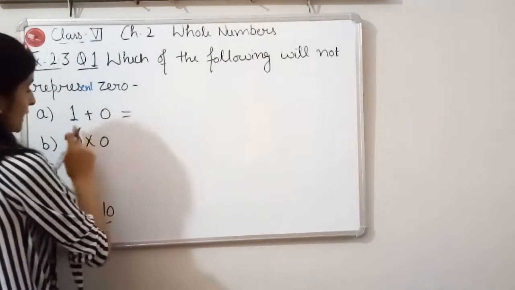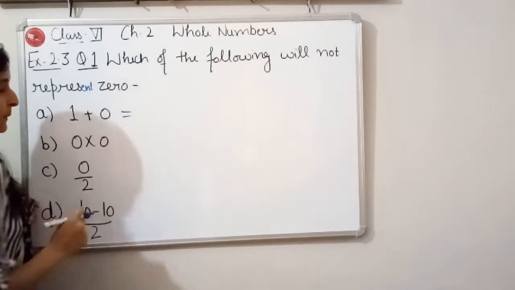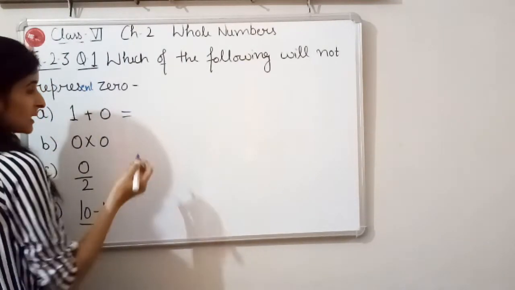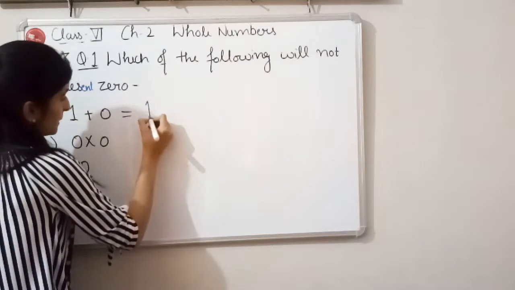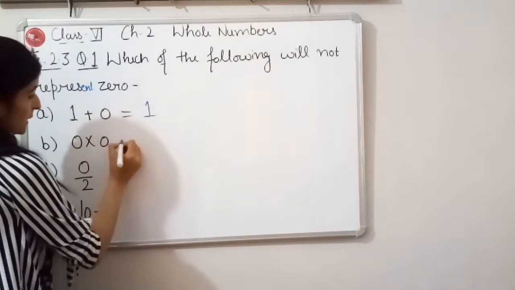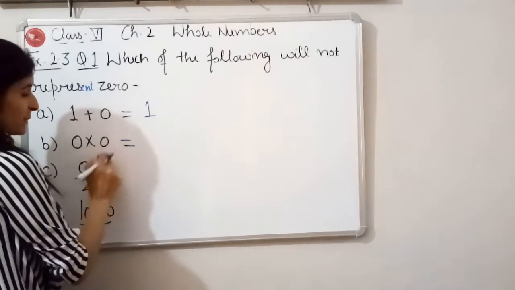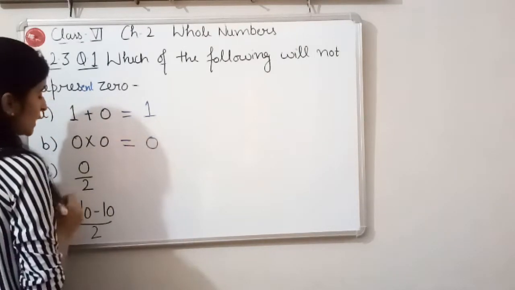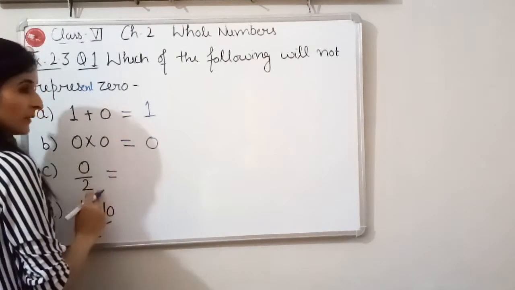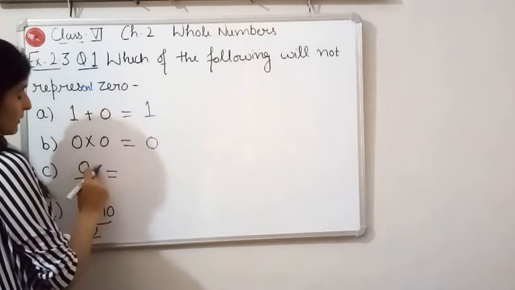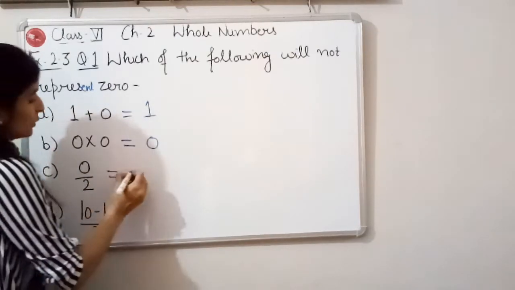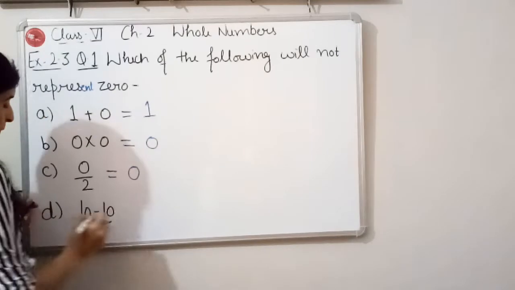1 plus 0. Whenever we add 0 to a number, then the answer is the number itself. So 1 plus 0 is 1. 0 multiplied by 0 is 0. 0 divided by 2 is, when we divide this 0 by 2, we will get 0.